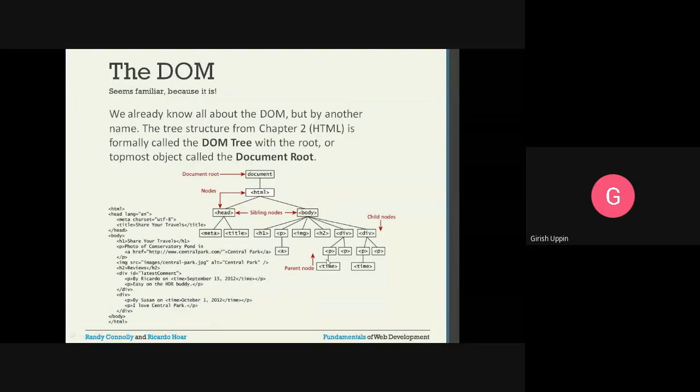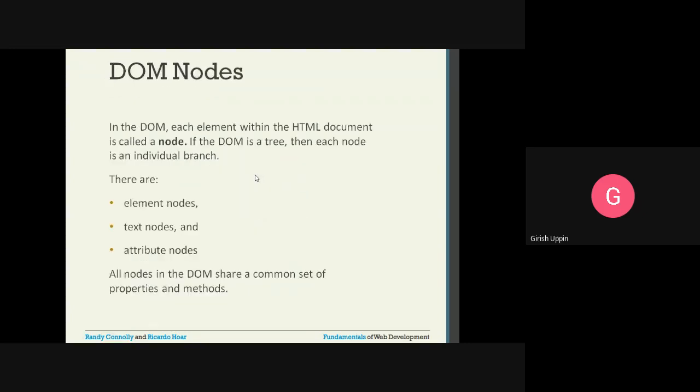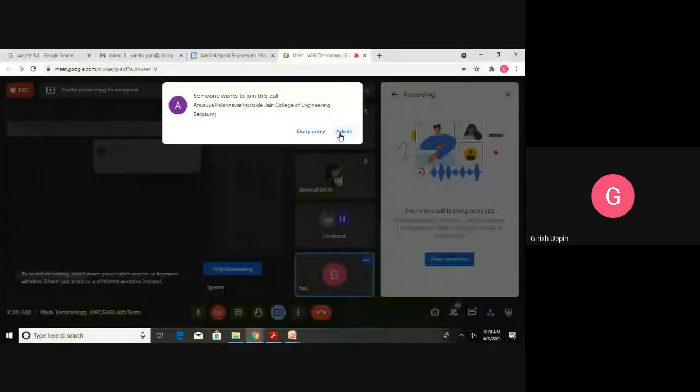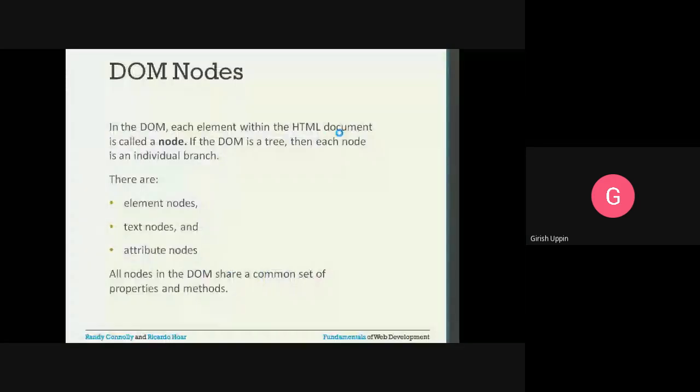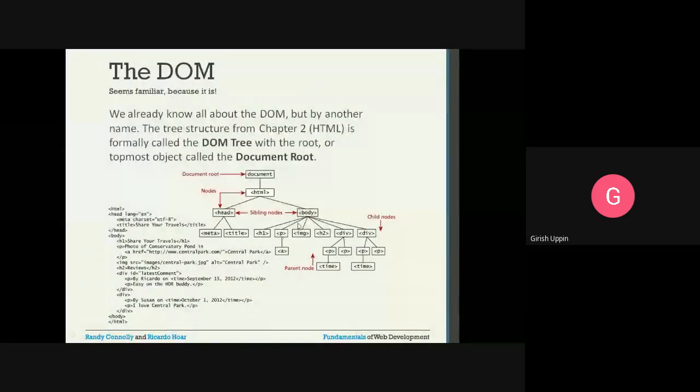When we traverse from the bottom of the tree to the top of the tree, we encounter all the parent nodes. So once you get access to any node, you can easily traverse. Suppose if you get access to this body, then we can get access to h1, all these things. We will see how it is done programmatically using JavaScript.